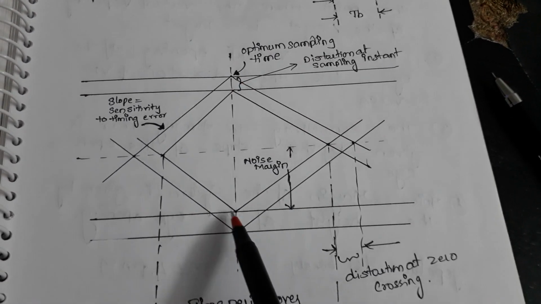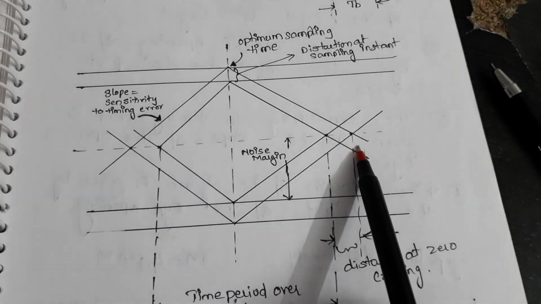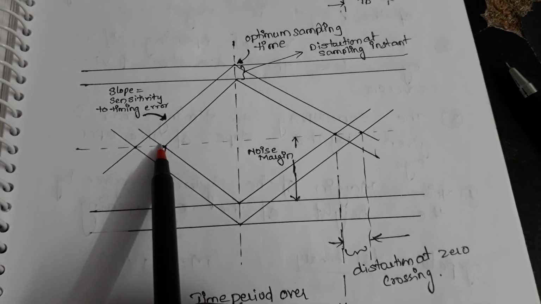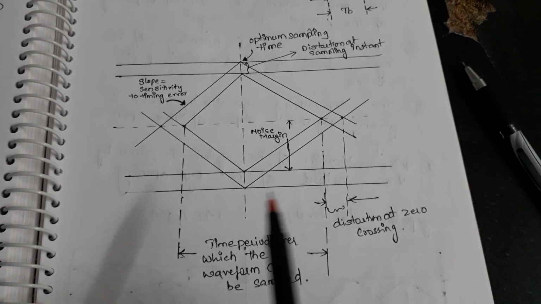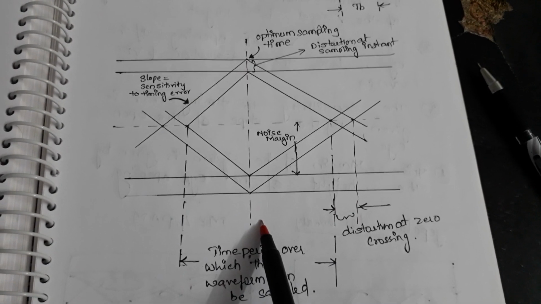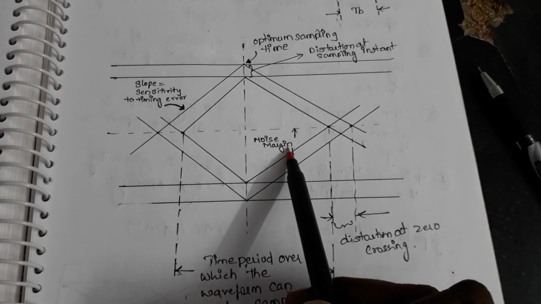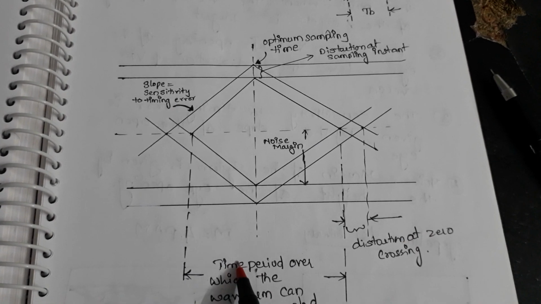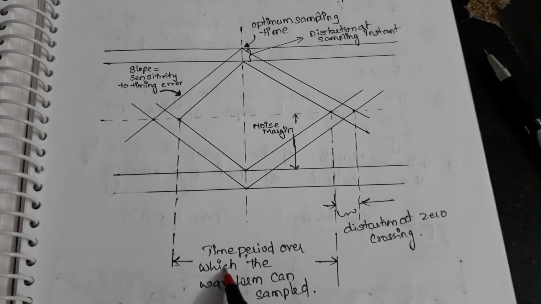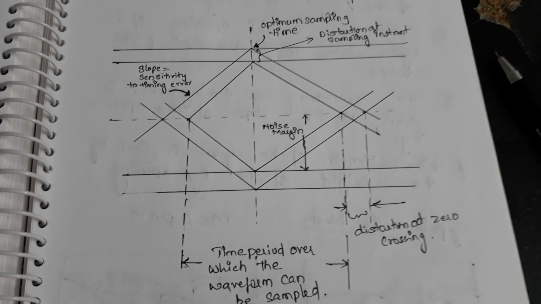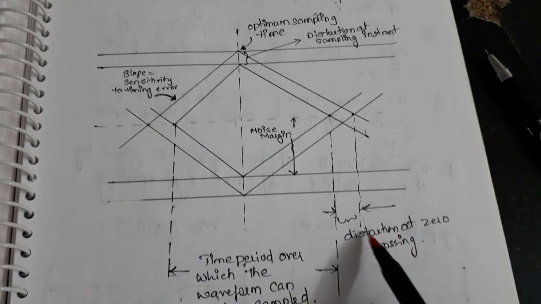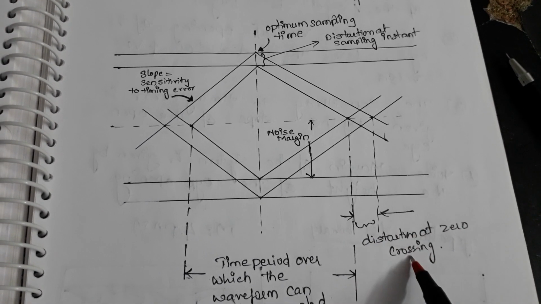This edge is already shown, this bottom edge also. In the exam you have to write this one diagram. This is the noise margin, this is the time period over which the waveform can be sampled, that is TB, and this is the distortion at zero crossing.